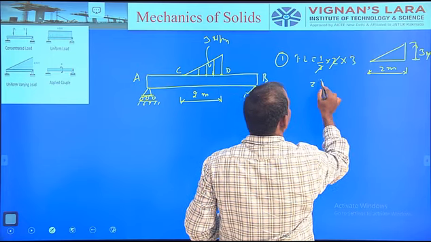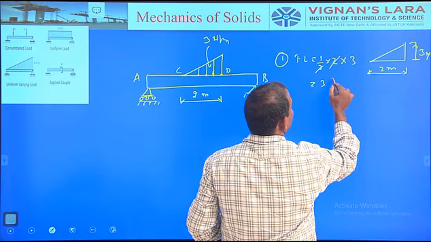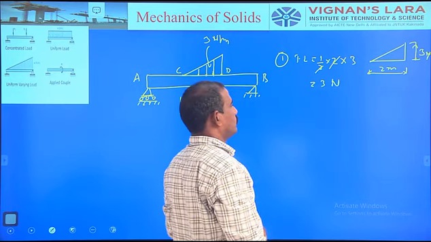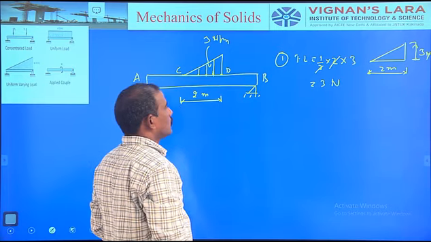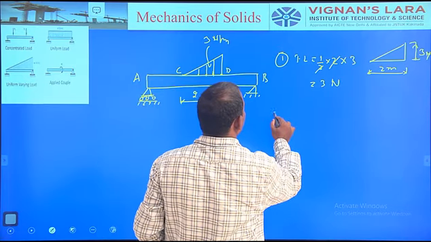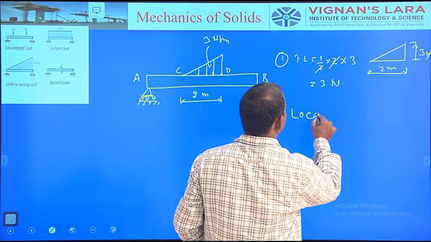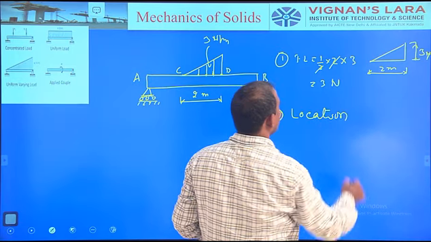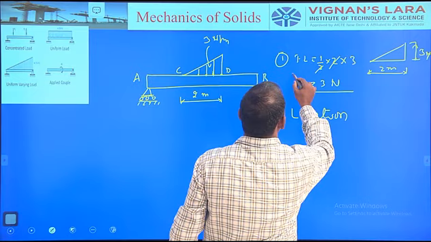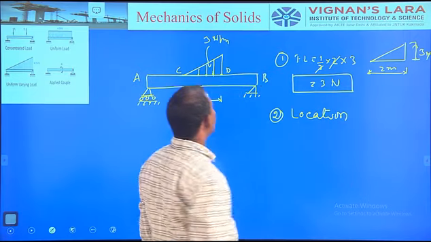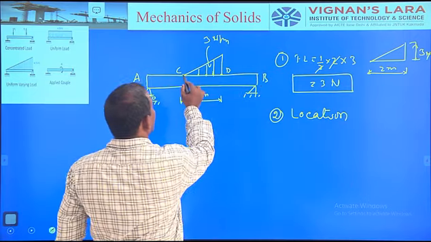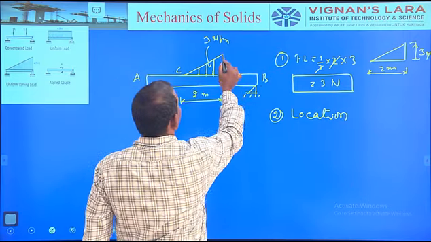These two are cancelled. The total load is 3 newtons. That is the first one. So next, calculate the location. What about the location? The 3 newtons load is concentrated at the center of gravity of the triangle only.